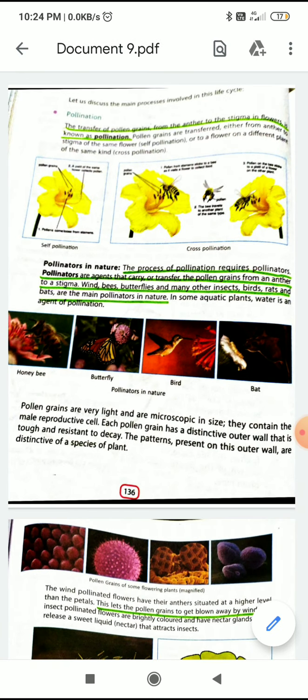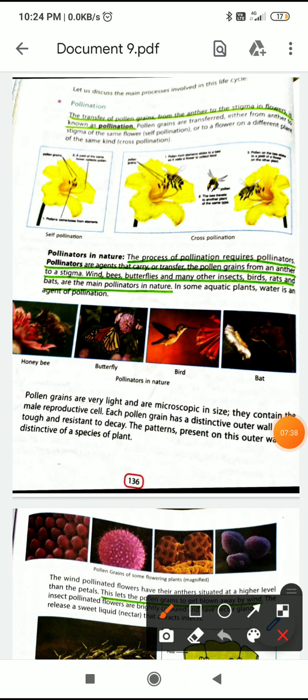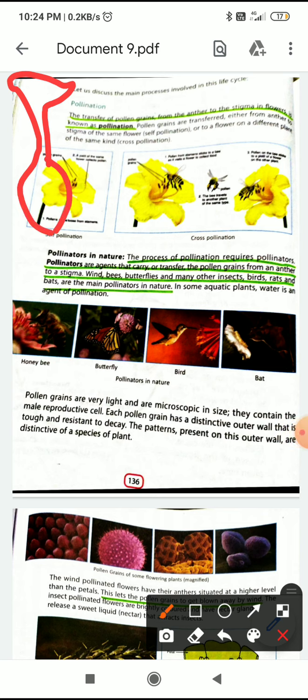After that, transferring the pollen. You see another picture I am showing to you, I am drawing here. If this is the picture of the pistil, the pollen grains will stick on the upper portion of the stigma.